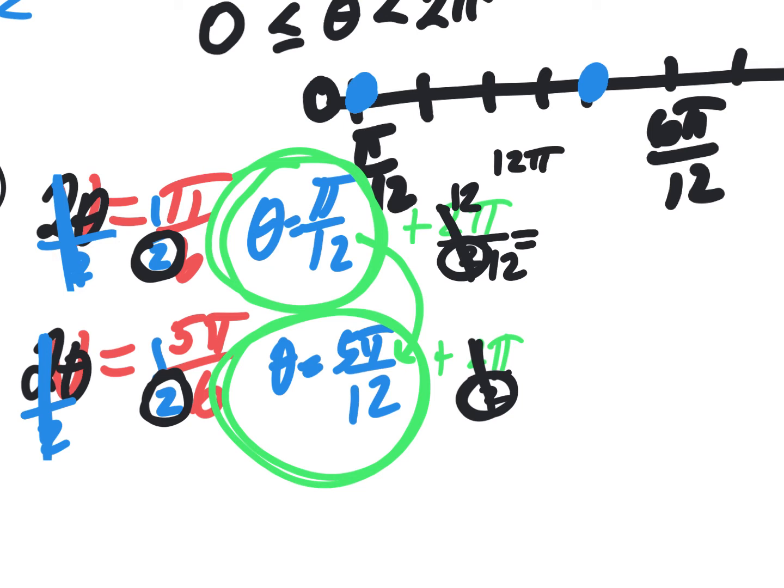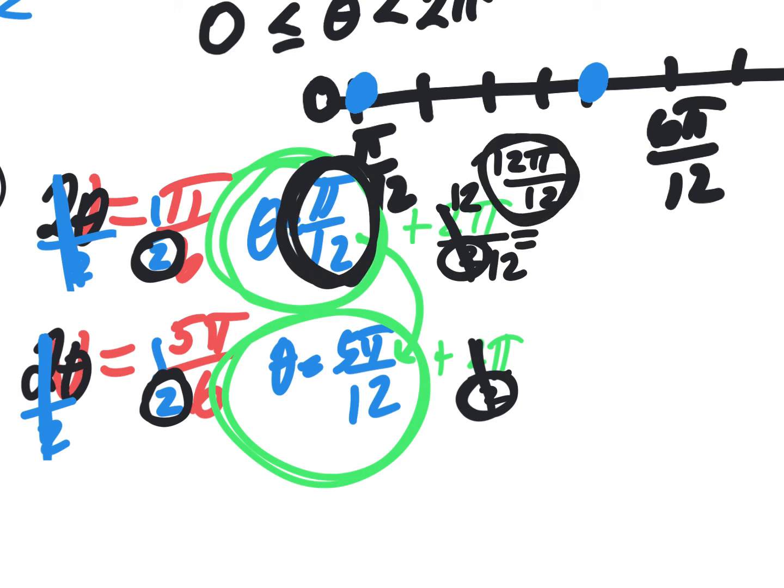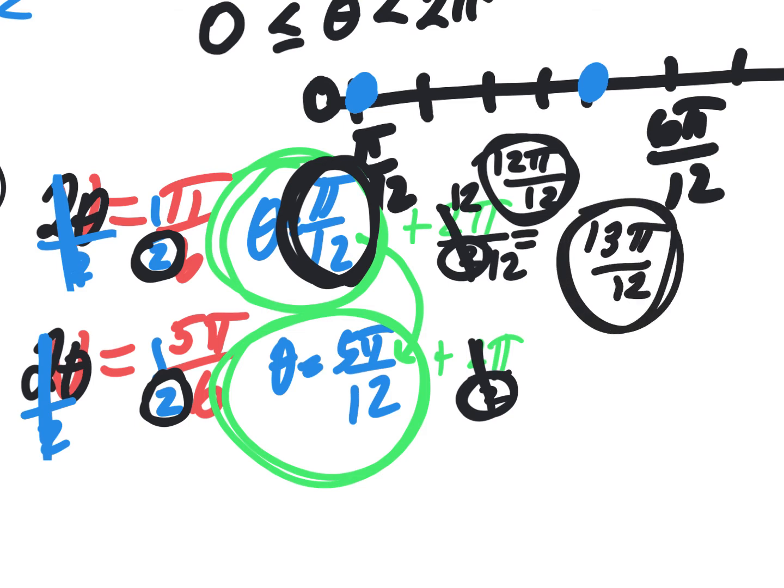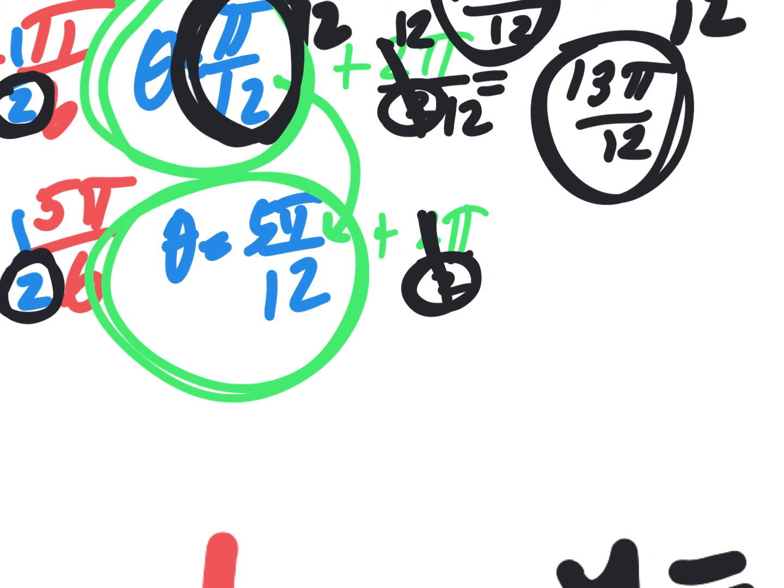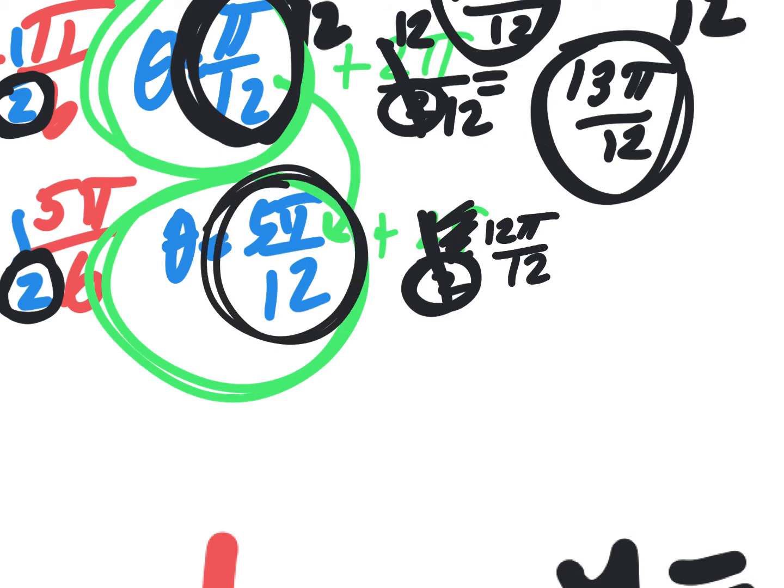Because 12 pi over 12 is the same as pi, but it'll add a lot nicer to my 1 pi over 12. 1 pi over 12 plus 12 pi over 12 equals 13 pi over 12. That's my next answer. And I've got to make sure that I don't go over 2 pi. What is pi really? It's 12 pi over 12. I'm going to add that to my 5 pi over 12. And now I have 17 pi over 12.